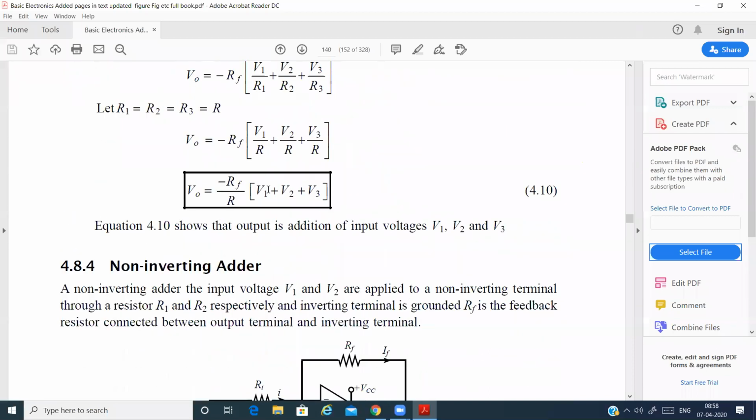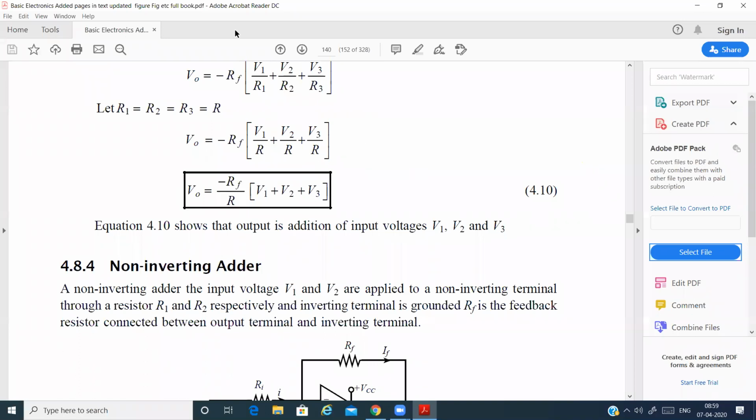That is what the minus sign indicates. The output is the inverted form of the input. If you are giving a sine wave, the output will be just the inverted form of that. That is what the minus sign indicates. RF by R indicates the gain. V1 plus V2 plus V3 indicates the sum of the inputs.